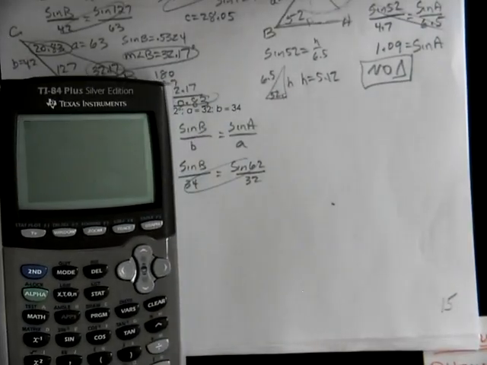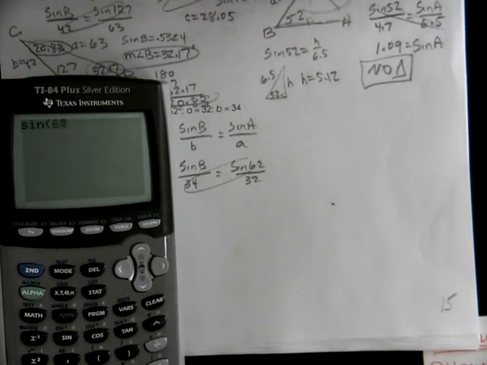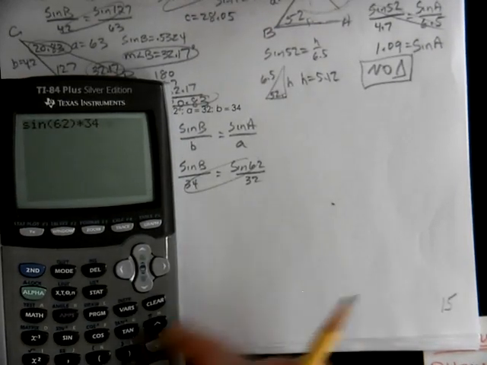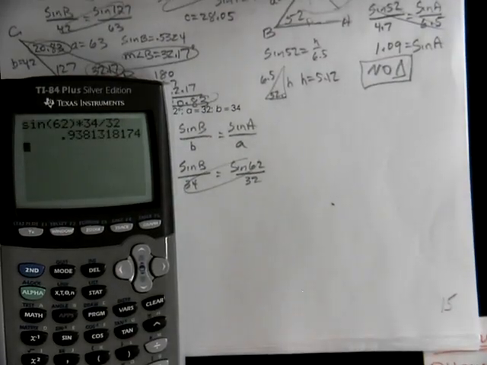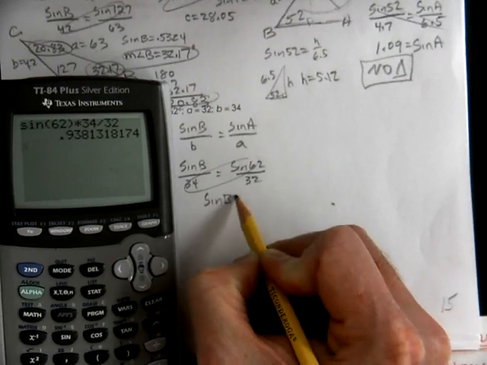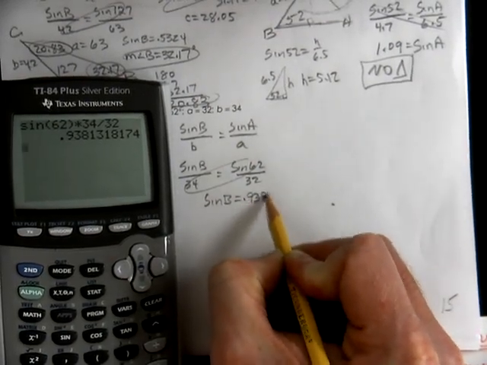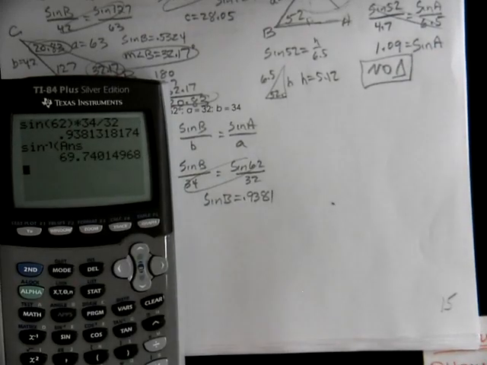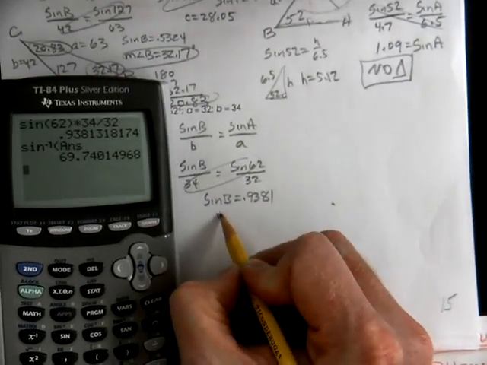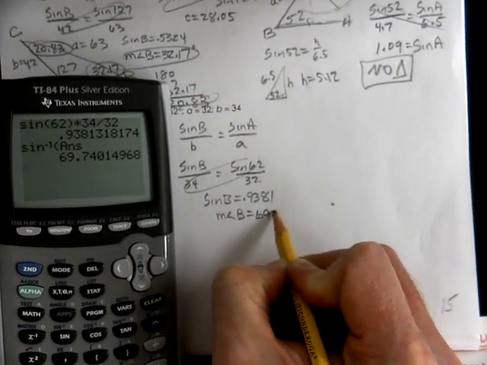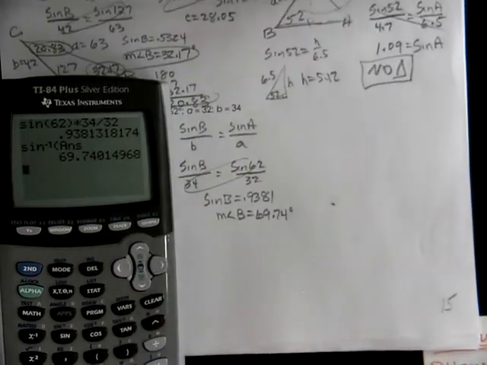So sine of 62 times 34, and we're dividing that by 32, and we're getting sine of B to equal 0.9381. And that means that that is a 69.74 degree angle.